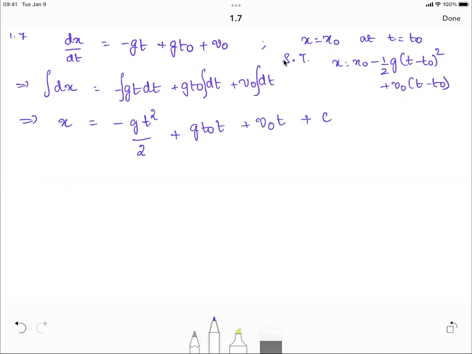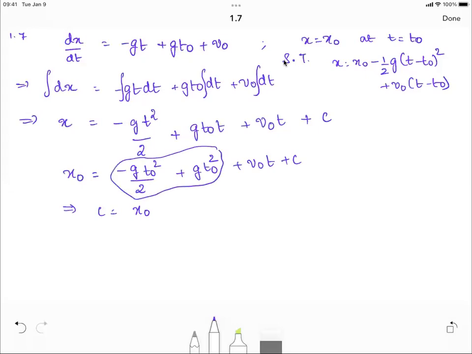However, we know that at x equals x0, t equals t0, because t is t0, right? So the constant c is going to be x0, and these two terms together will give us g t0 squared times negative half plus 1, which is half g t0 squared.